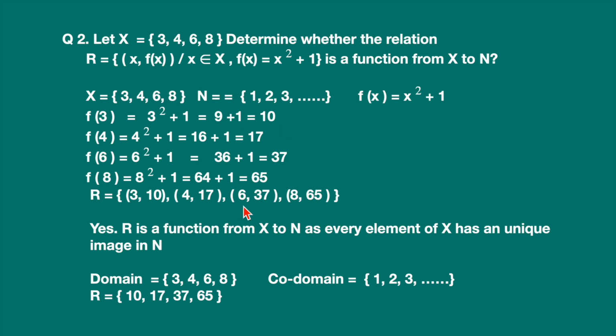Unique means it should be different, it should not be the same. A unique element in Y. So it is a function, and the domain is 3, 4, 6, 8. Codomain is N, and the range is the set of images 10, 17, 37, 65.